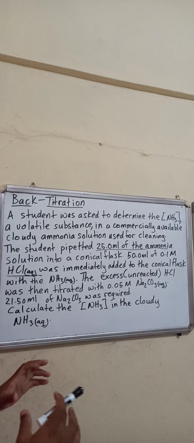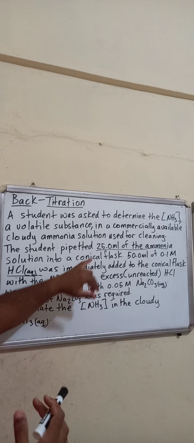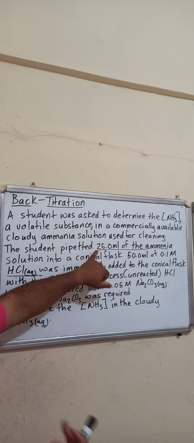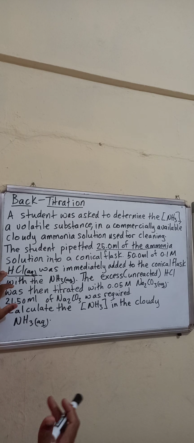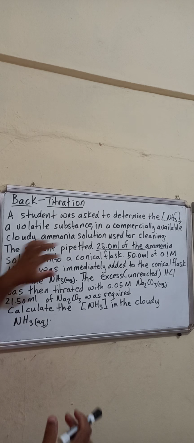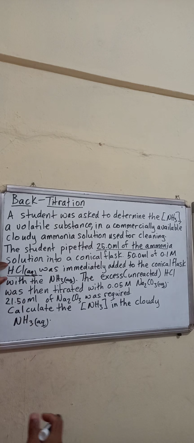In the first part of this, whichever substance we are interested in, for example the concentration of ammonia, whatever volume of ammonia we are reacting with the acid, we need to ensure that we have more acid than ammonia. So we always add the acid in excess.